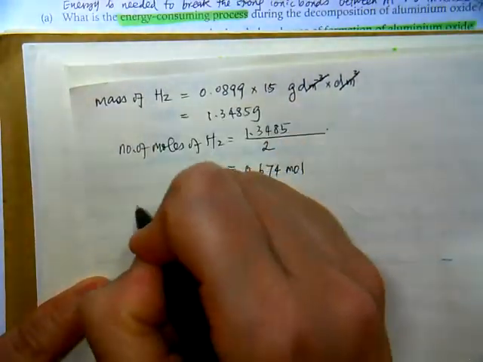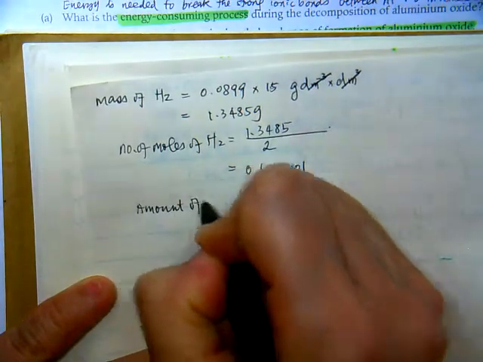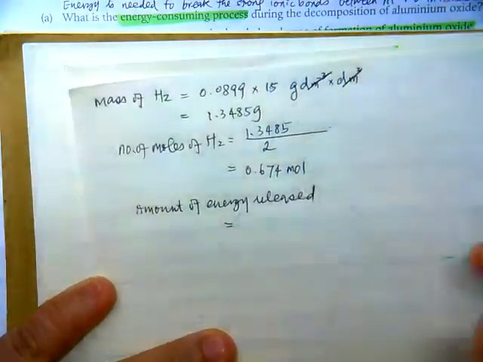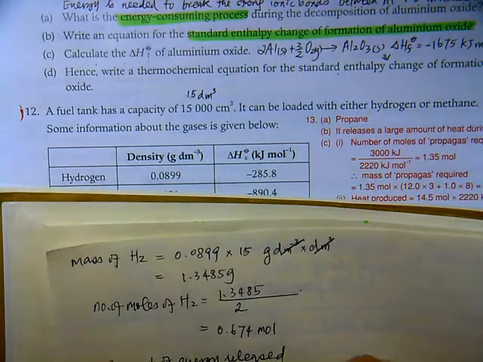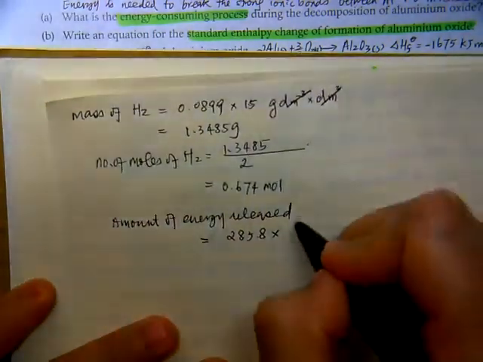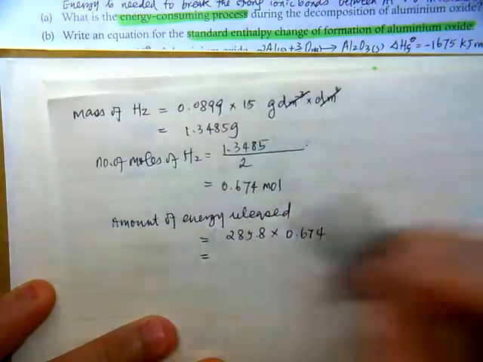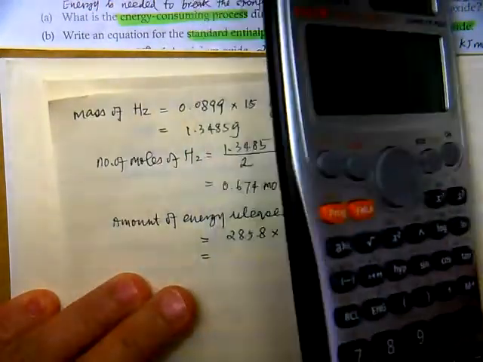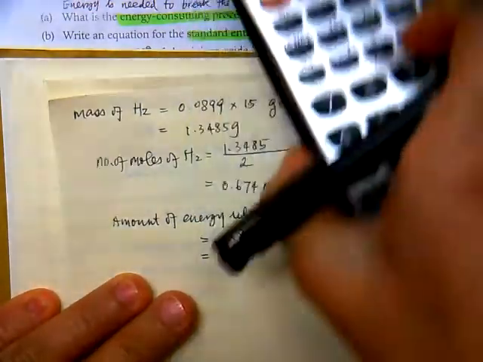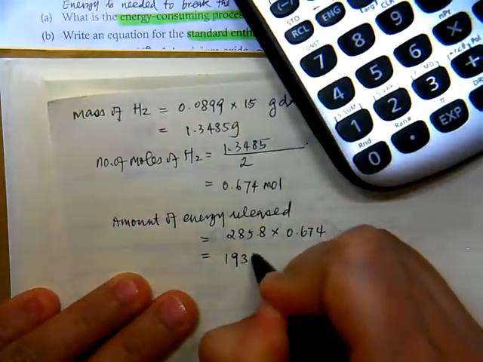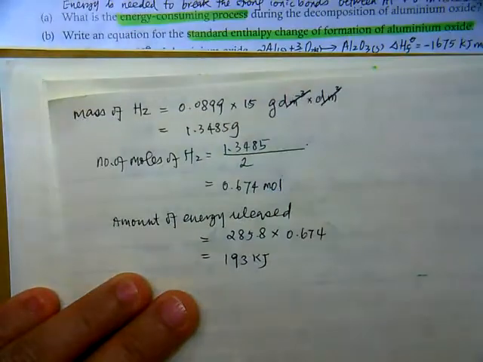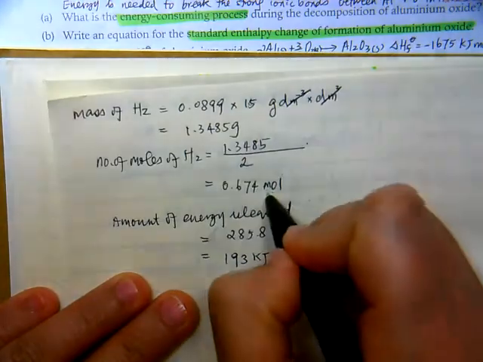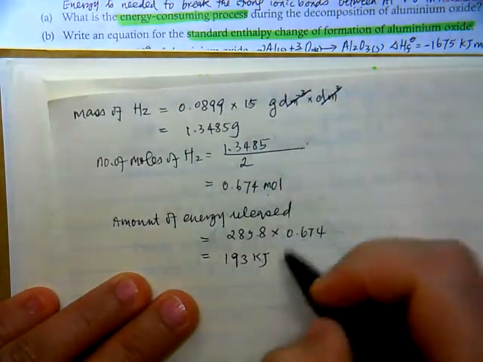Amount of energy released, okay, is equal to heat of combustion times the number of mole, which is 193 kilojoule. Understand? 193 kilojoule of energy is released when this number of mole of hydrogen is burnt.